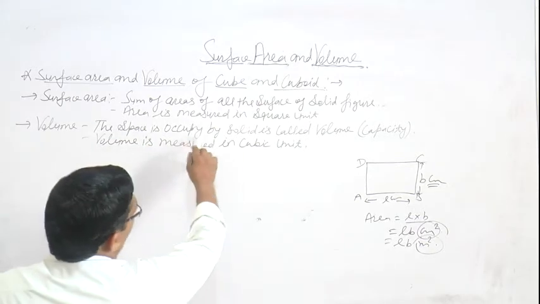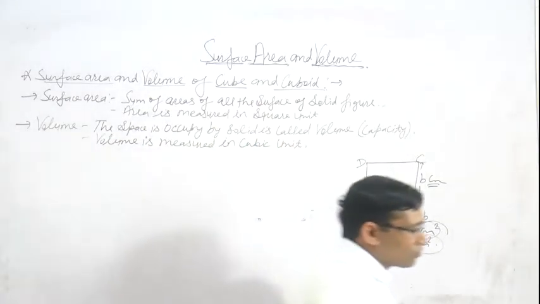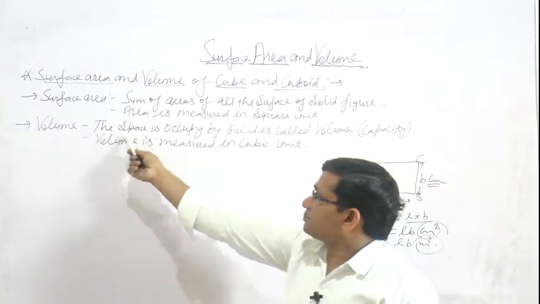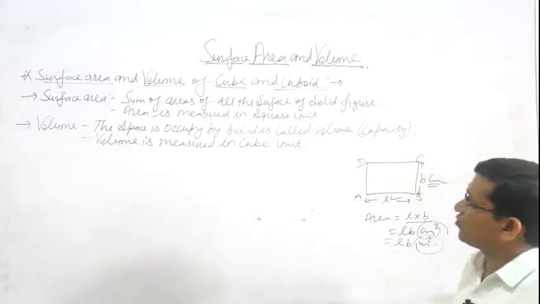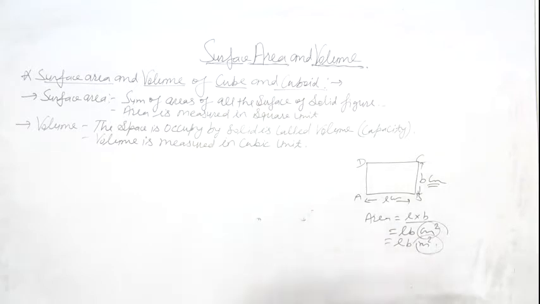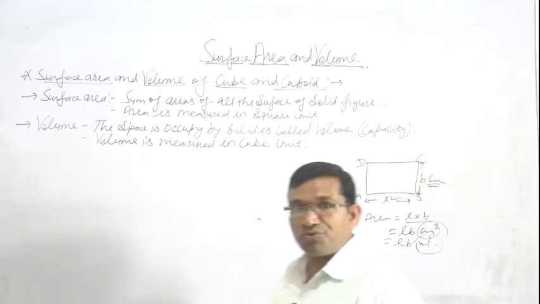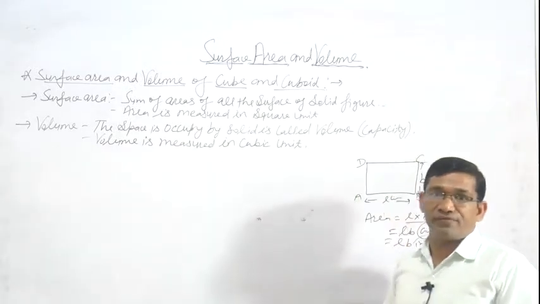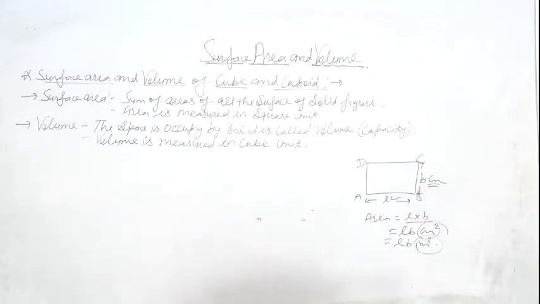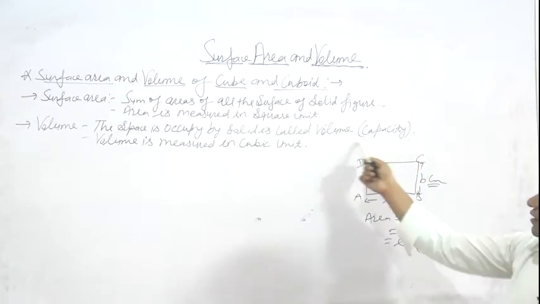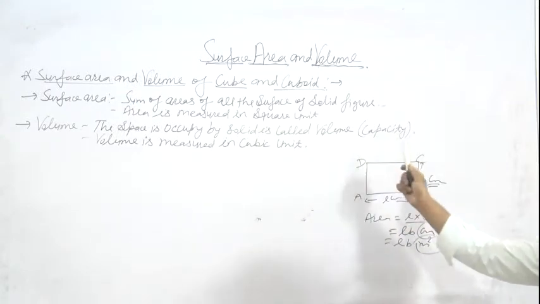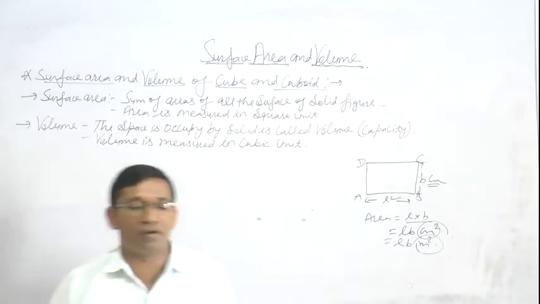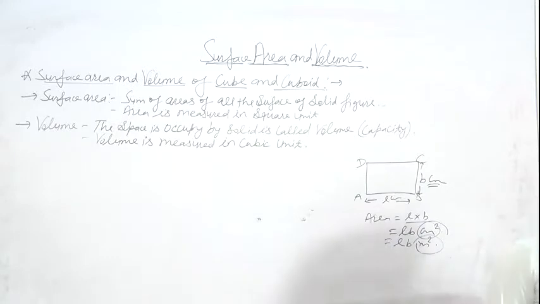The space occupied by a solid is called volume. कोई भी solid है, वो कितना स्पेस ऑक्यूपाई कर रहा है उससे अपन उसका वॉल्यूम बोलेंगे. We can also say that capacity. Volume is also defined as capacity. It means the space occupied by a solid is called volume.